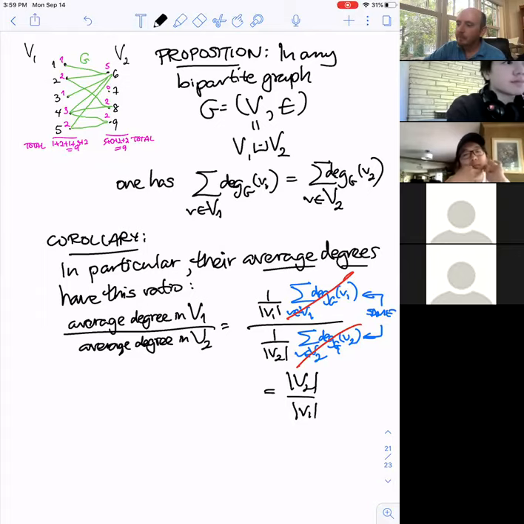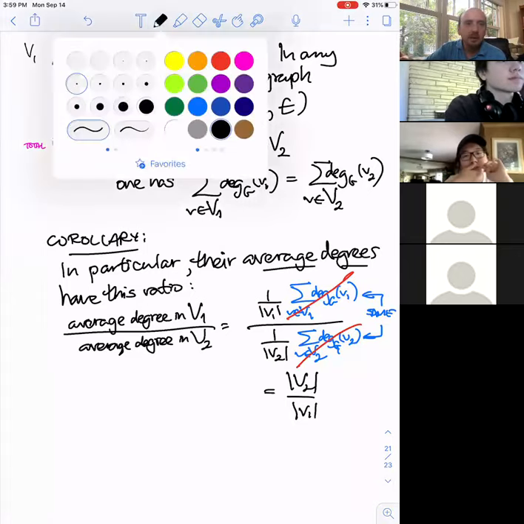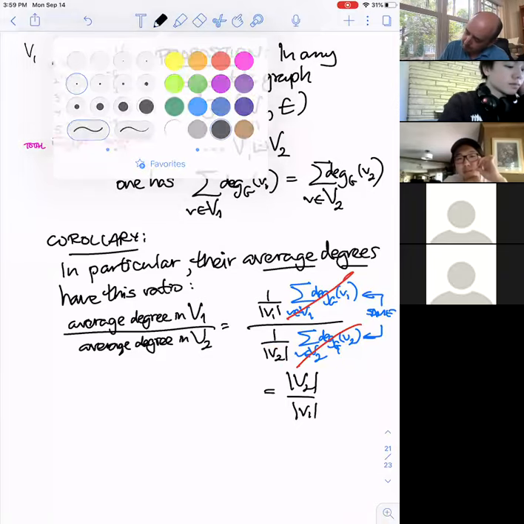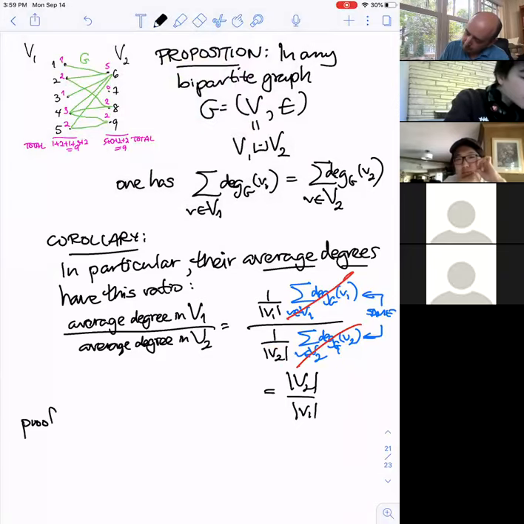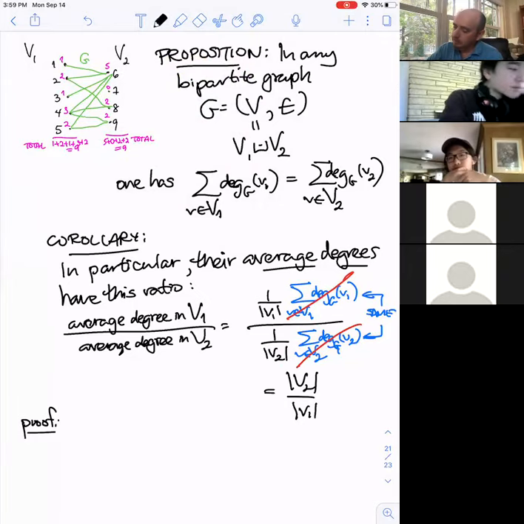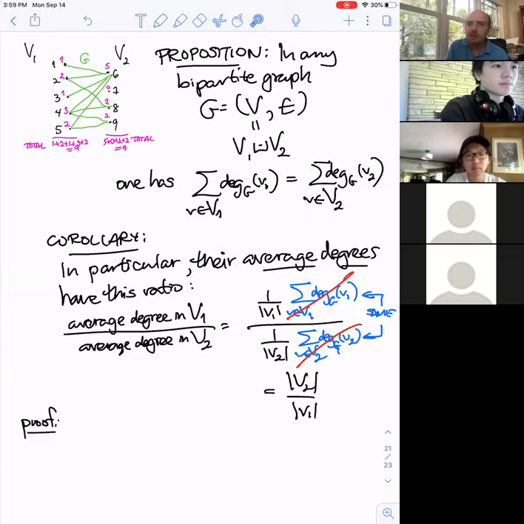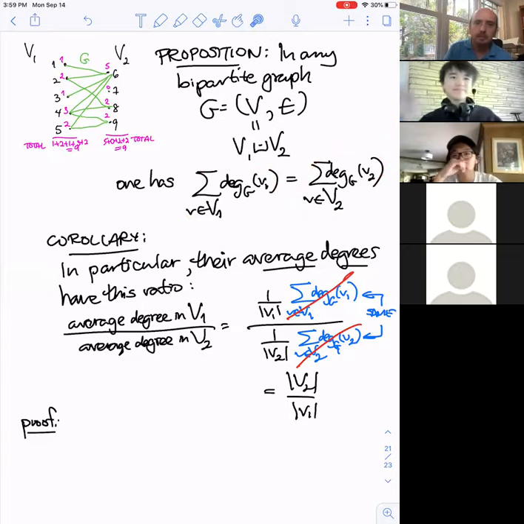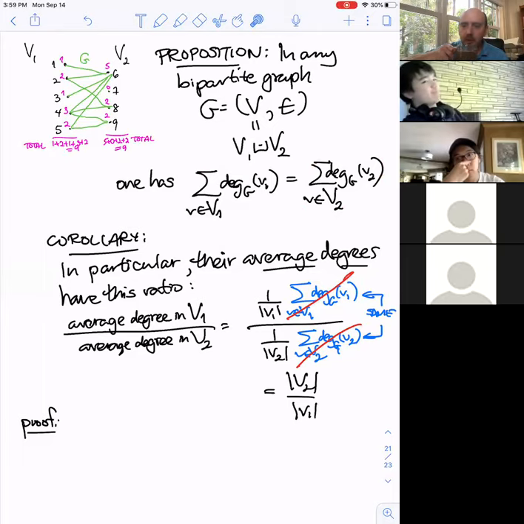All right. So let's prove the proposition. Does anybody see why the sum of the vertex degrees on the V1 side has to be the same as the sum of the vertex degrees on the V2 side? Any thoughts on that? All right. We've heard from you, William.